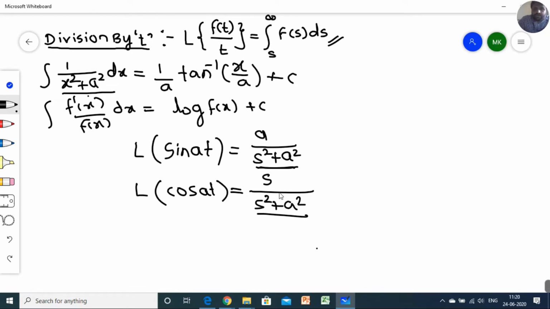But whenever we have to calculate the Laplace of cosine terms, or suppose the Laplace of e raised to at, what will it be? It will become 1 upon s minus a.